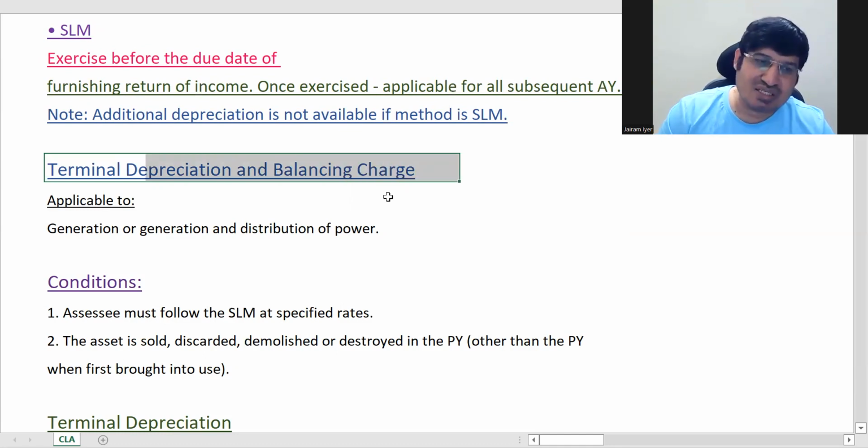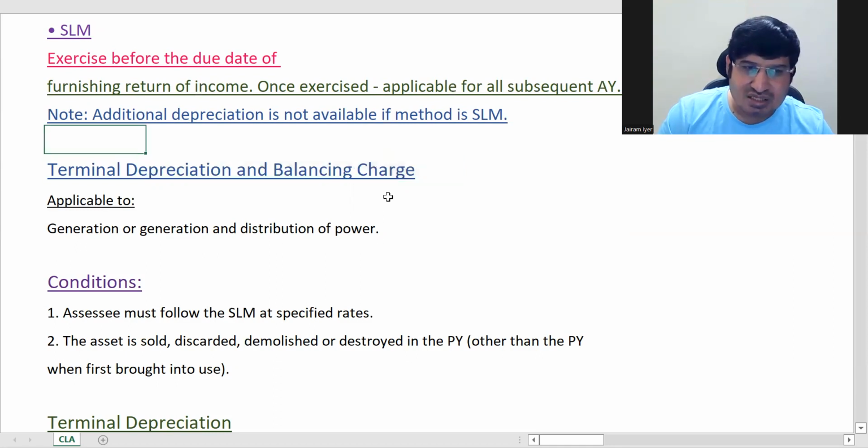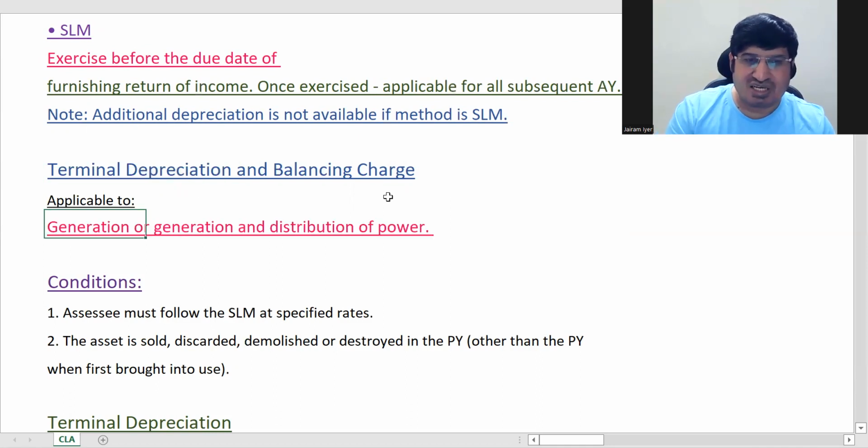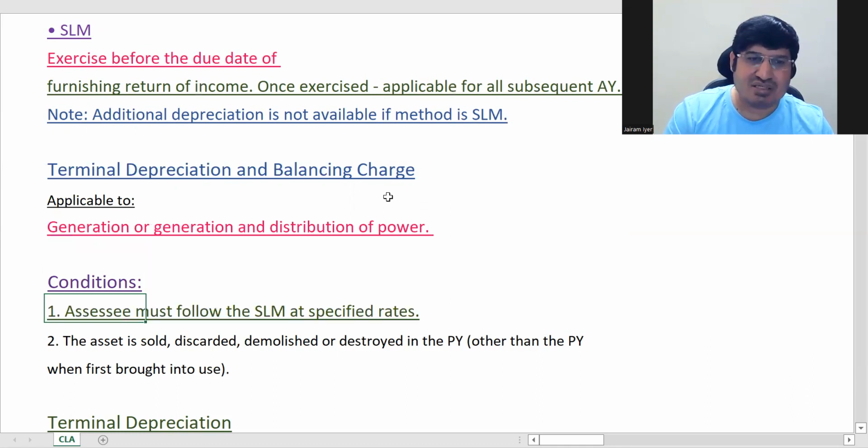In your future sections, this term will not be used, but the concept will be used. This is applicable to generation and distribution of power, which is following SLM method. This is applicable only to SSC who is following SLM method.